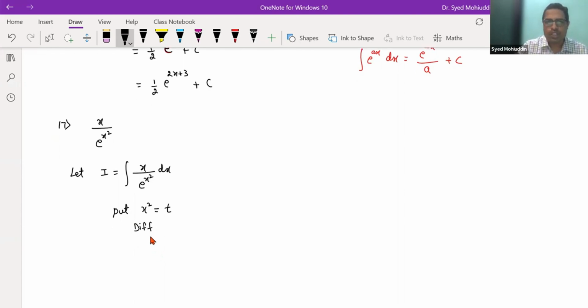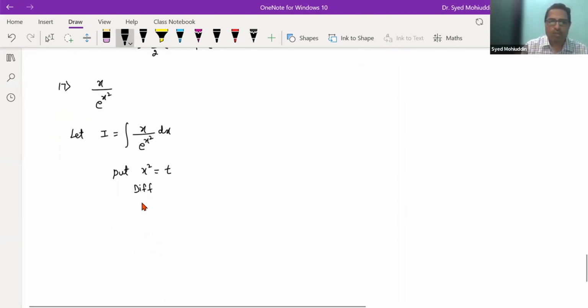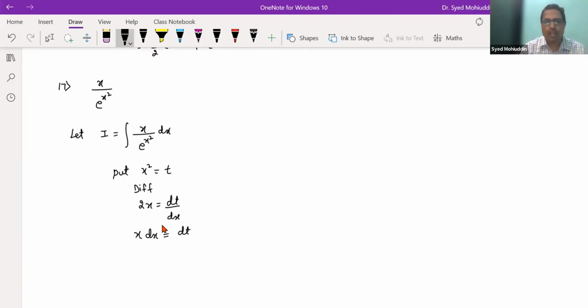X square differentiation will be 2x. Differentiation of t with respect to x will be dt by dx. What I require is only x dx. So you can cross multiply this 2 on this side and dx goes on the other side. X into dx will be equals to dt by 2. Now since you have x dx, you can just plug in that value there, dt by 2.